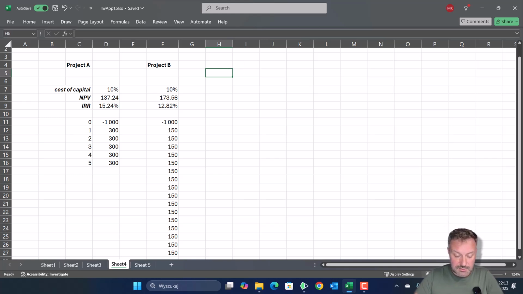They cannot invest in both of them. Both projects require exactly the same initial investment, which is 1,000. The difference between these projects is that project A is much shorter and provides a greater cash return in each of the 5 years.